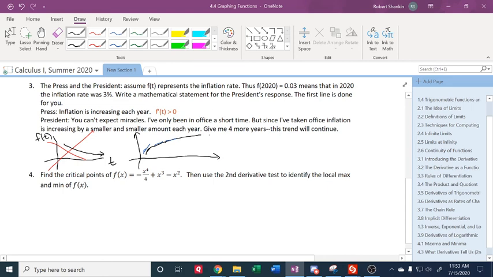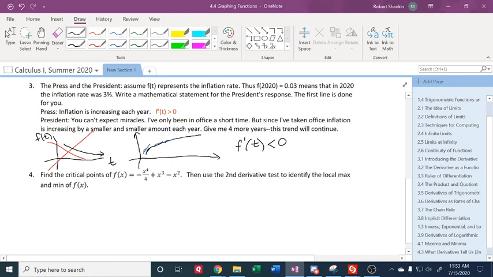Now, how does this relate to f and f prime or f double prime? By this increasing by smaller and smaller amounts, is he claiming, for instance, that f prime of t is in fact negative?